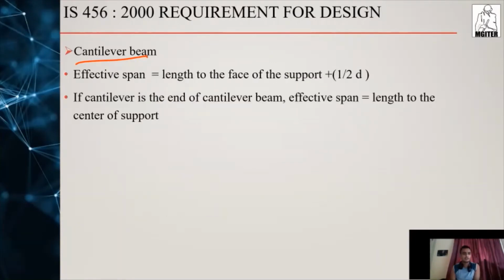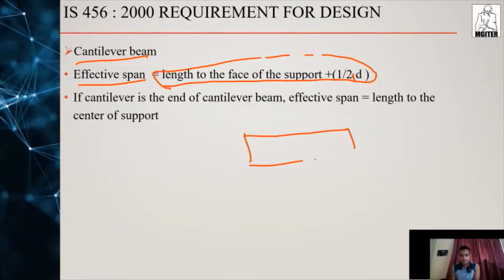Cantilever beam. For the cantilever beam, effective span is equal to length to the face of support plus one half into d. Means in this condition we have a beam like this, and here is a support.